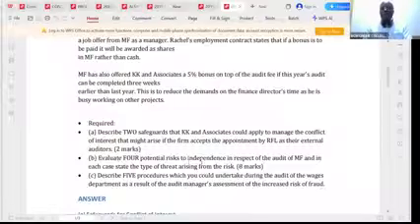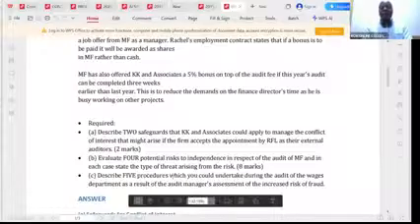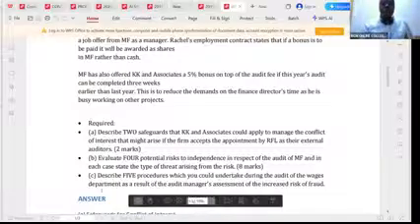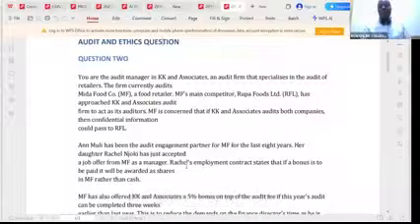B, evaluate the potential risks to independence in respect of the audit of MF, and in each case, state the type of threat arising from the risk. C, describe 5 procedures which you could undertake during the audit of the wages department as a result of the audit manager's assessment of the increased risk of fraud. Then now we read the scenario.